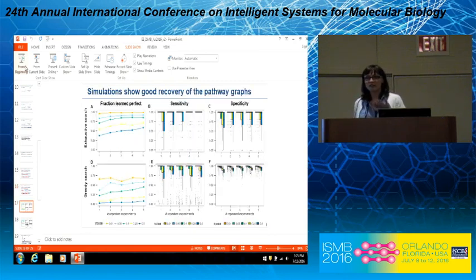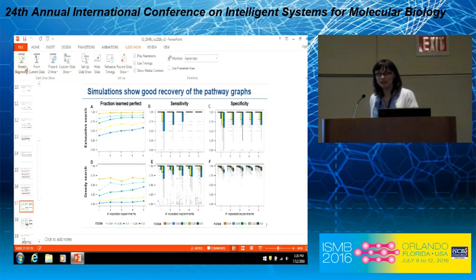We wanted to study the performance of our model in a controlled setting where we know the true models and the true parameters. So I'm going to show you how well we can learn the pathway structure using simulated data. On each plot, on the x-axis are the numbers of repeated experiments, so simulated technical repeats. And colors show increasing levels of noise from orange to blue.